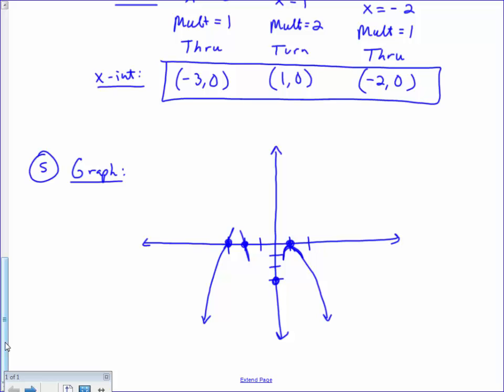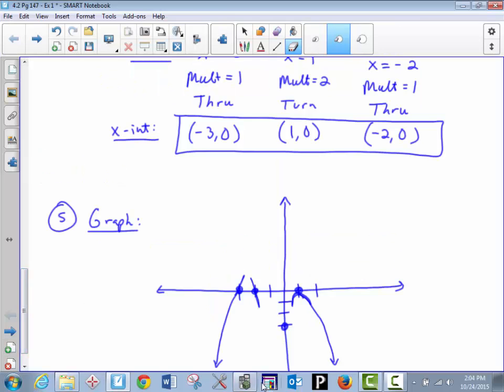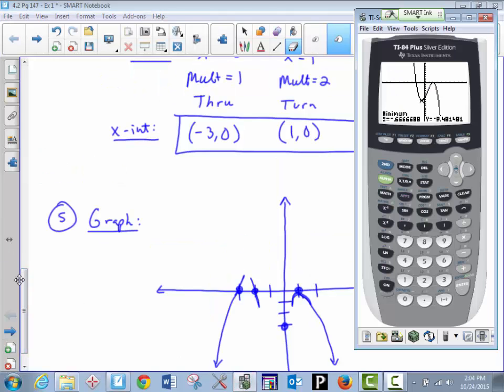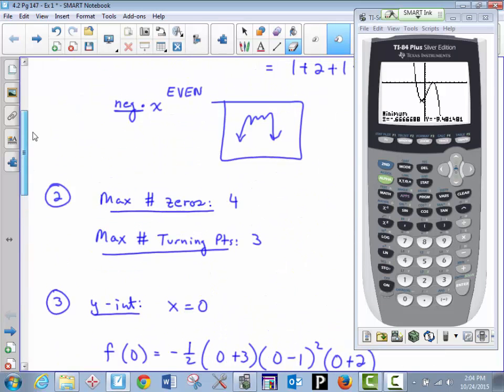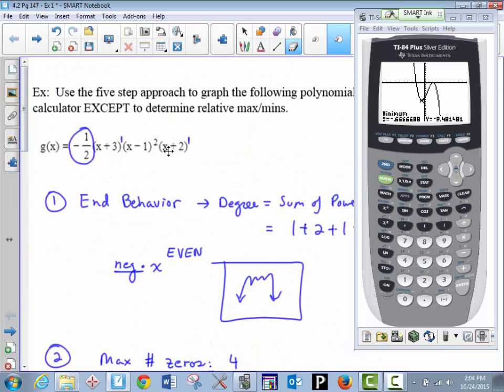Now, we know we have a maximum somewhere up here. We know we have a minimum somewhere here or here, but we don't know which side. So let's use the calculator to find those 3 values. So we want to go back up, and into y1 we're going to enter in our original function.